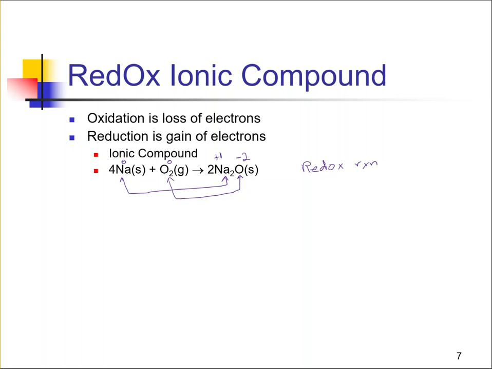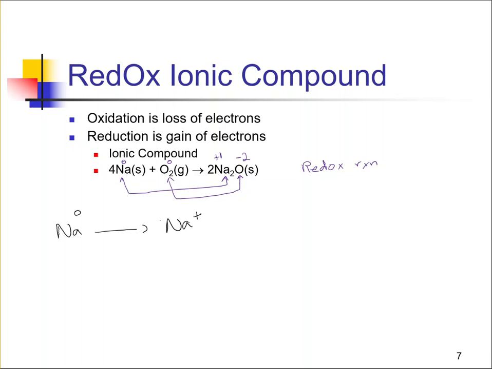Now, in a redox reaction, we have to assign how the electrons are transferred. Oxidation is the loss of electrons and reduction is gain of electrons. So now let's look at the change in the oxidation number of sodium and oxygen and see if oxidation or reduction is taking place. Sodium from sodium metal, 0, is going to sodium ion in the sodium oxide.